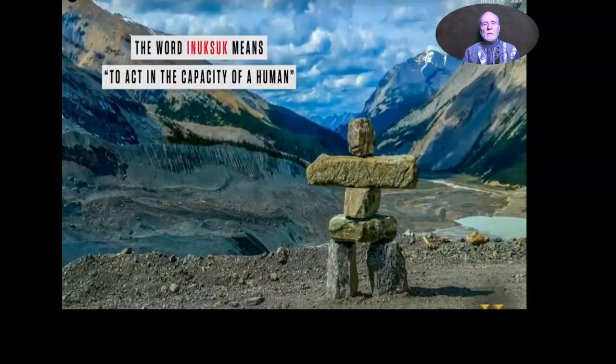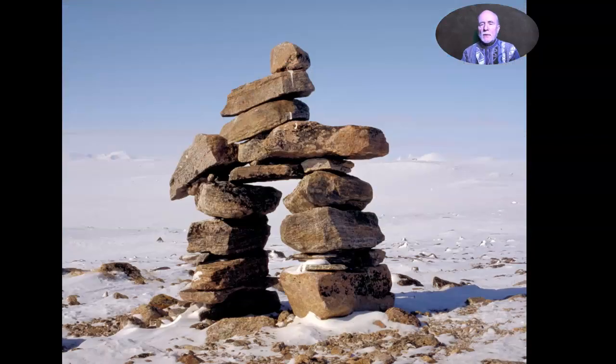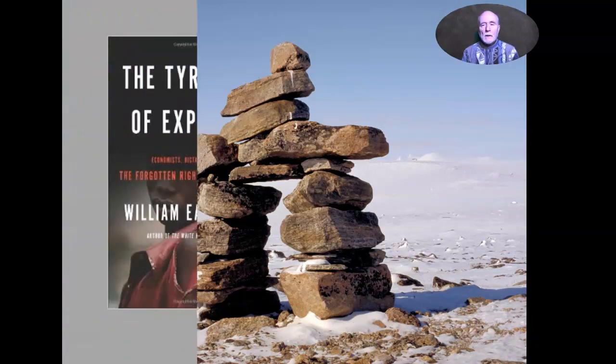The word inukshuk means to act in the capacity of a human, and that's become the symbol of principles to give us the capacity to find our way through complex dynamic systems. Inukshuks represent the guidance that principles offer to find our way through difficult, tumultuous, uncertain terrain.